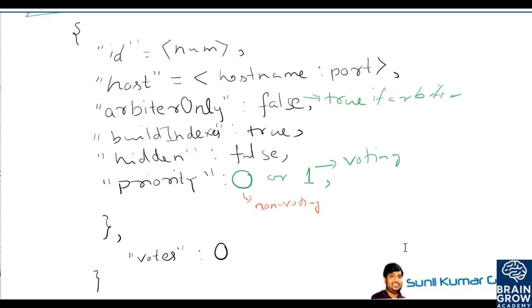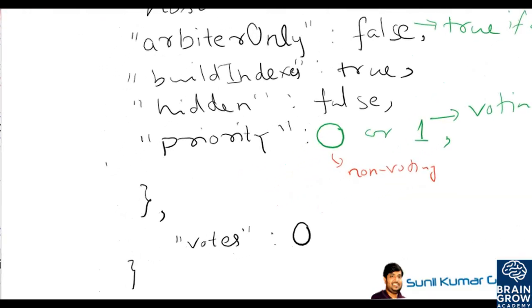Here we close the tags. So 0 or 1, or however many votes you want to give. Always give 1 in most cases.